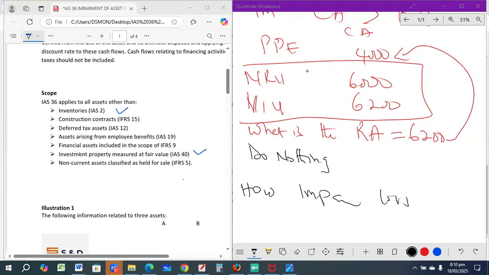So I was saying that there may be instances where there may be a reversal of the impairment. So please take note that an impairment attributable to goodwill cannot be reversed. It can never be reversed for goodwill. Why? Because we don't recognize internal goodwill.